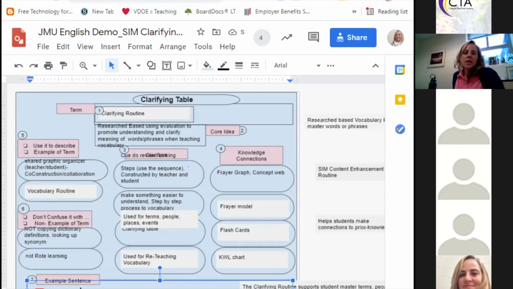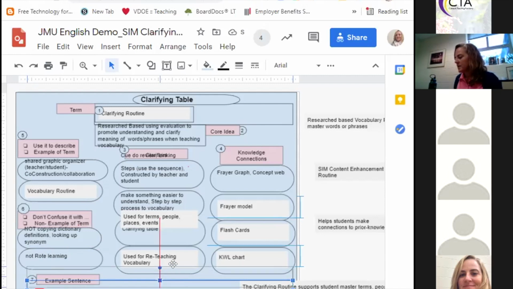What would we use to now explain the clarifying routine, sorry. I'm going to have to move this up. The text to speech is over top of what I'm typing.